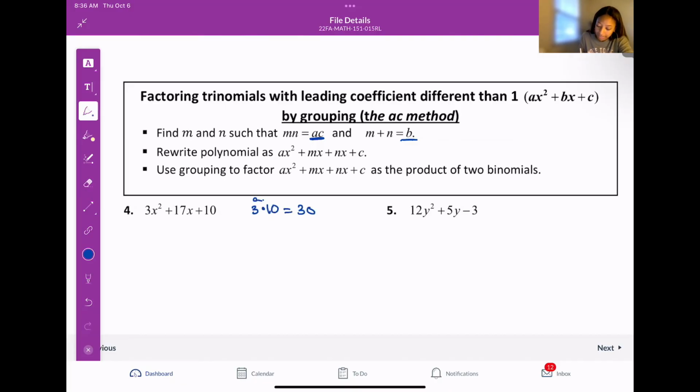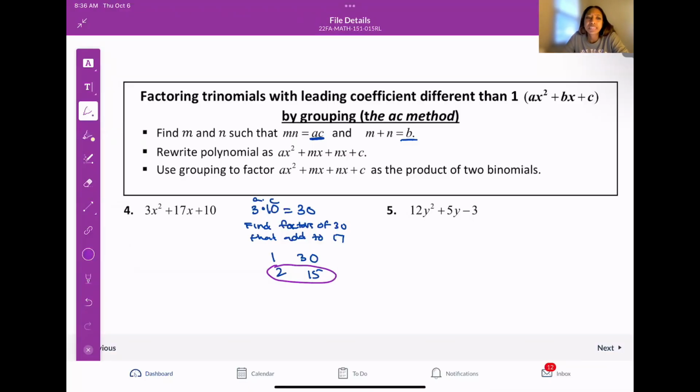So this is our A times C. All right, so we want to find factors of 30 that add to 17. All right, I found one. So what are our factors of 30? You have 1 and 30, that won't work. And then 2 and 15, that does work, yay. So 2 and 15 are our factors.